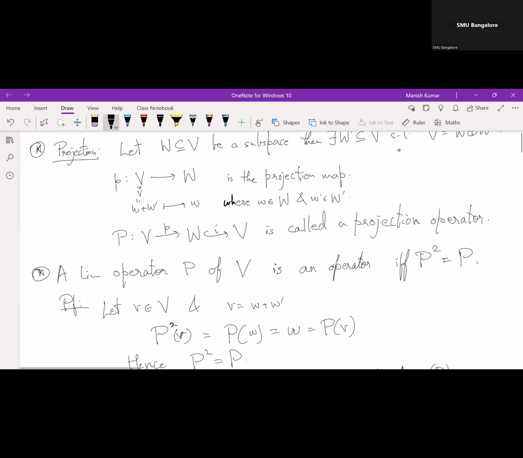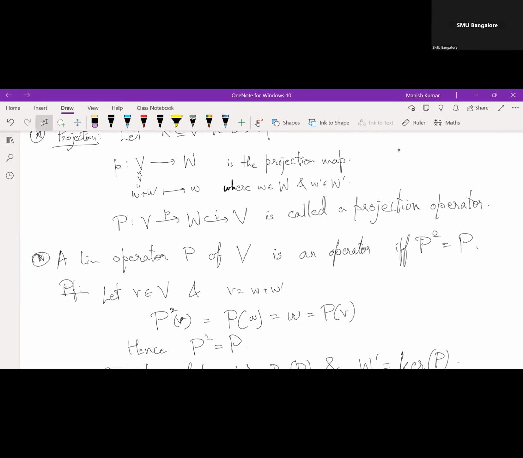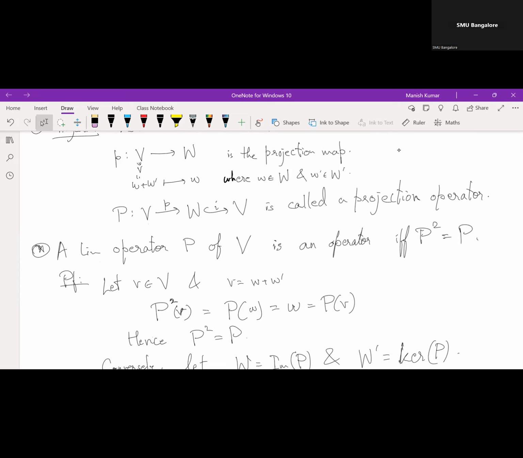So let's first prove that if you are given an operator like that, then P square is P. We are in the setup where v in V is written as w plus w prime, where w belongs to W and w prime belongs to W prime. A linear operator P is a projection if and only if this happens.